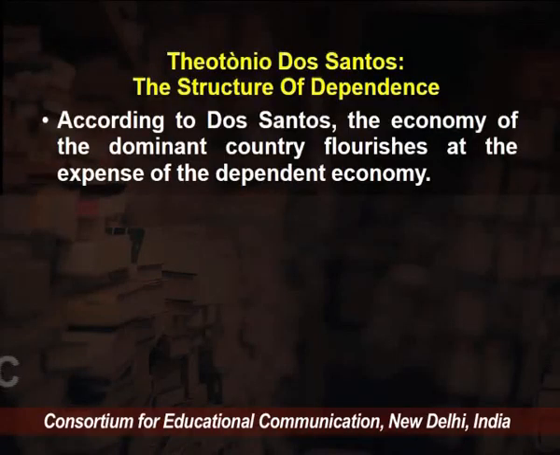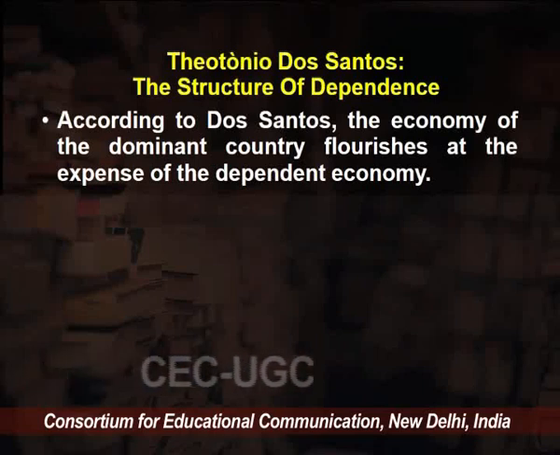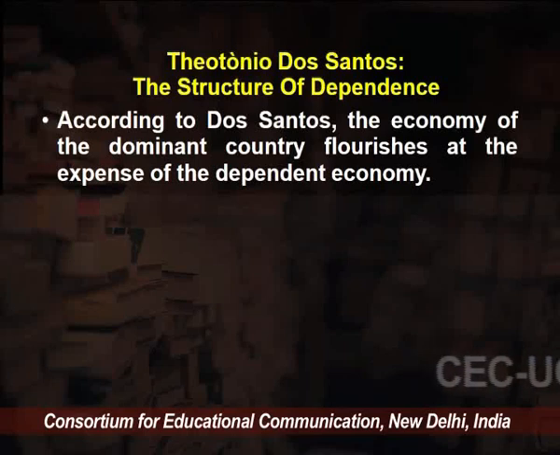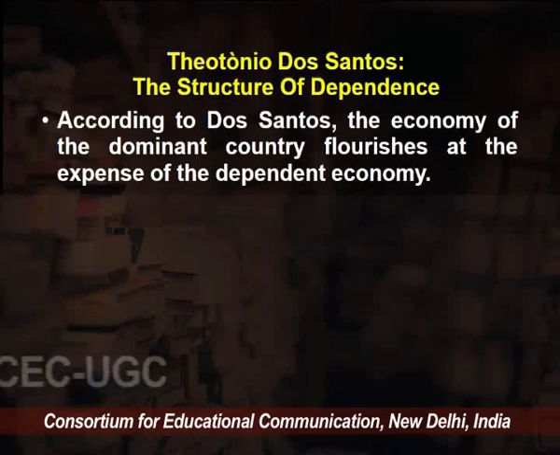The second thinker who helps us understand dependency theory is Theotonio dos Santos. According to Dos Santos, the economy of the dominant country flourished at the cost of the underdeveloped country. Who are the dominant countries? Obviously, countries in the west or the north, which are capitalist and industrialized.